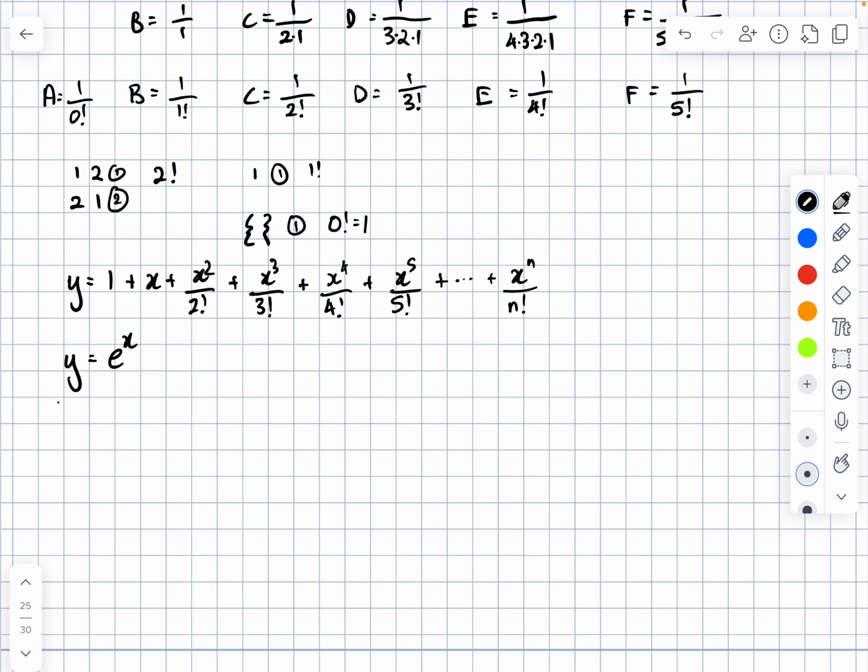If you sub in a value of x equals 2, you'll get a number very close to e to the power 2. And so, because he defined e to the power of x to be this polynomial here, that means that by definition, the first derivative of e to the power of x is also e to the power of x, simply because that's the way it was built.